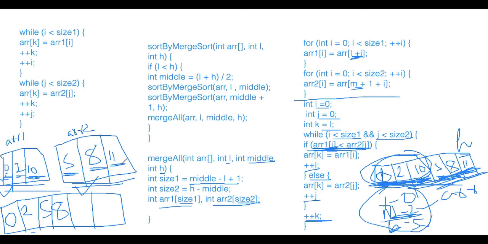So this is 11, right? Now 10 and 11. 10 is smaller. We will put 10. If you look, when we reach 10, we have finished traversing this whole array, right? Okay. That's why we will end this loop. This loop ended because we have finished traversing one array. But we still have 11 left.